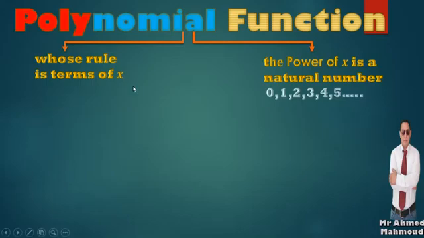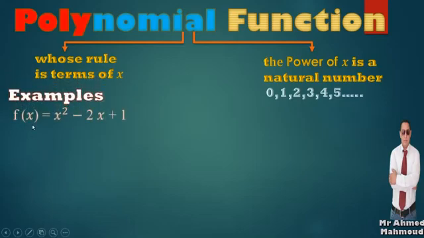For example, f of x, this is the title of the function, means function of x, or y equals. And this is the rule. Here in this example we have x power 2, this is one term, and negative 2x, this is another term, and the positive 1 is the third term.